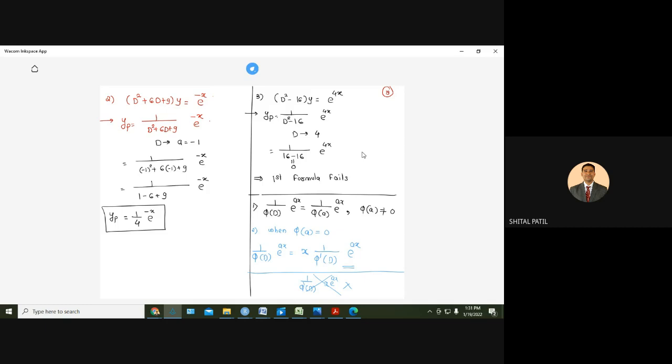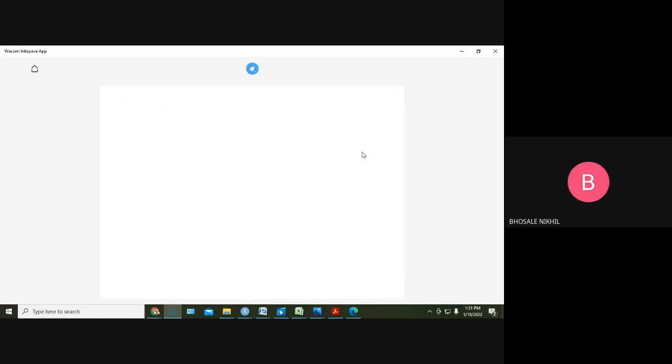Second formula is written now. Now can I go to the next page? Have you written both the formulas? After application only you will understand how it is working. Can I change the page? Now we'll go to the previous example.